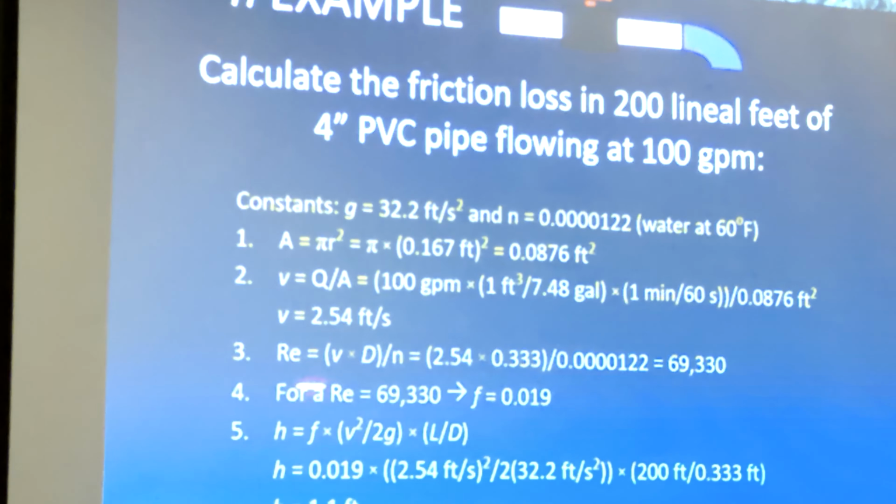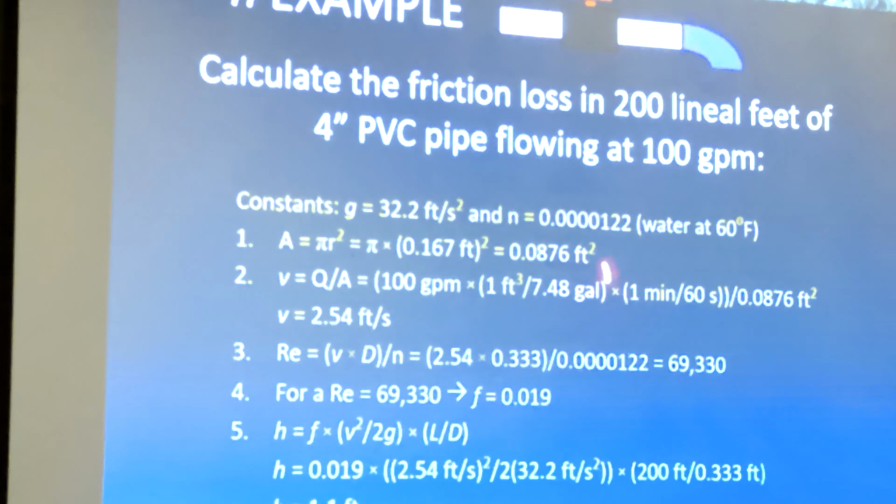So a quick example is, we'll say 200 feet, 4-inch PVC pipe with 100 gallons a minute in it. A couple constants, one for gravity, one for kinematic viscosity. You calculate the cross-sectional area of the pipe, so that's pi r squared, where r is in feet for 2 inches.